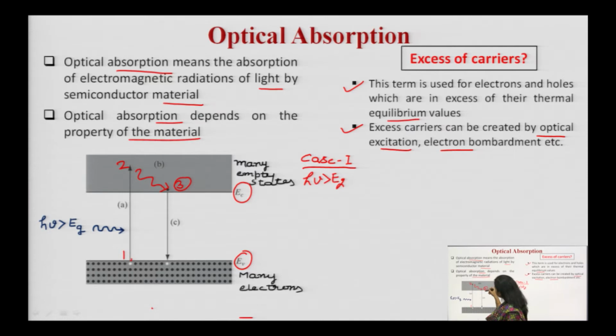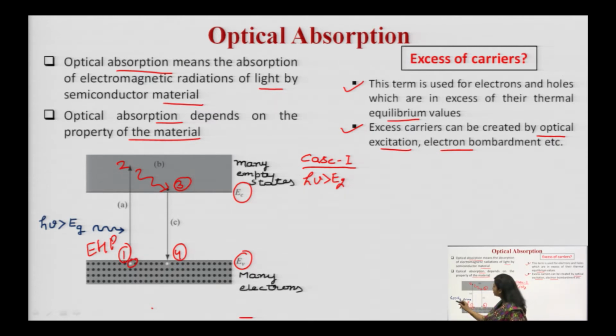After a certain time, this electron falls from the conduction band to the valence band, that is, from 3 to 4. The process where the electron moves from point 1 to 2 is known as the creation of an electron hole pair. As the electron moves from the valence band to the conduction band, it creates a vacancy, and this vacancy is known as a hole.